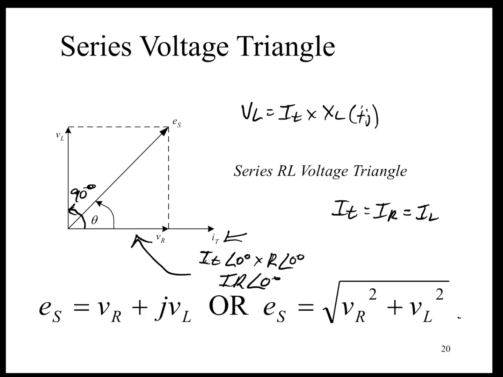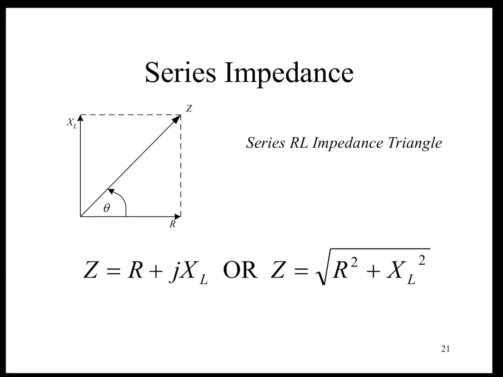And then what's that going to mean? That's going to mean that we can express our ES, or our source voltage, as a Kirchhoff's voltage law, VR plus VL. So notice how that's what we have here, a VR plus a JVL. Okay, so this is a series voltage triangle and proving Kirchhoff's voltage law for this circuit.